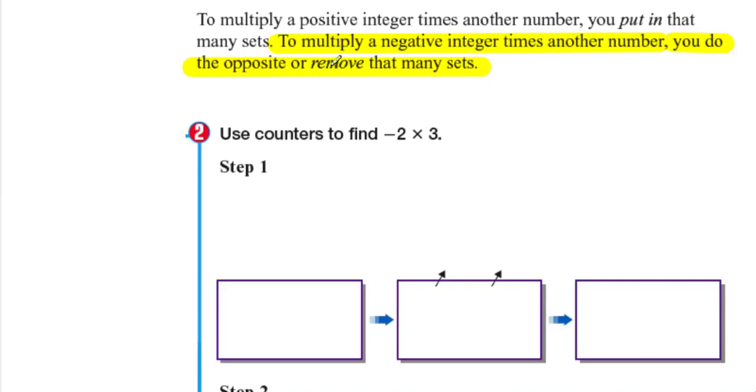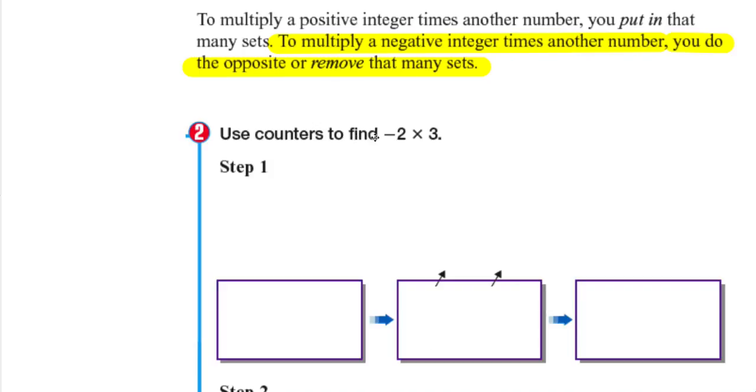Again, I'm going to show you an easy way of doing this, but it's going to be at the end of 11-6. So right now you have to do it this way.